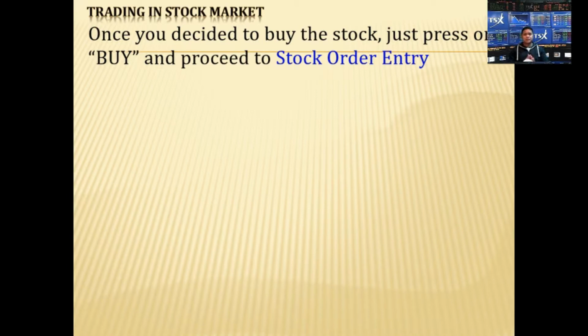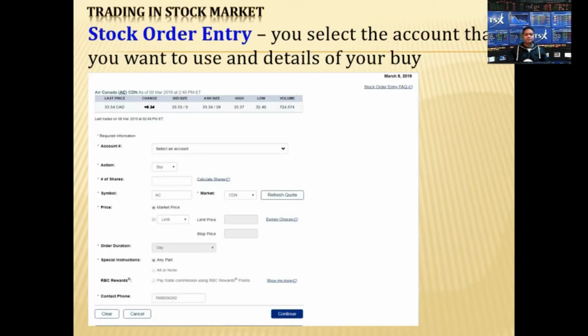Now once you decided to buy the stock after analyzing it and doing your research, once you click on the button buy, it will proceed to the stock order entry. In the stock order entry, it will let you select the account that you want to use and the details of your buy.